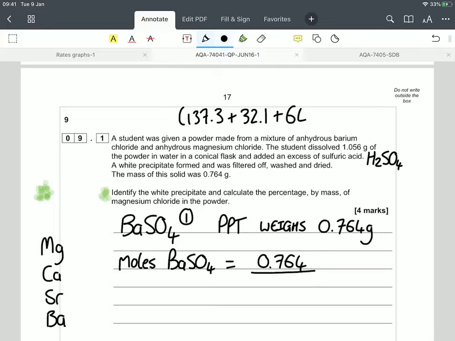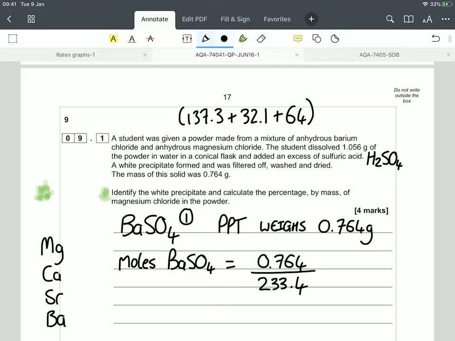I'm pretty happy about that, so I'm just going to leave it as it is, but you should double check if you're not sure. So the RFM, not a well-known one because we don't do lots and lots of calculations with this compound, is 233.4.